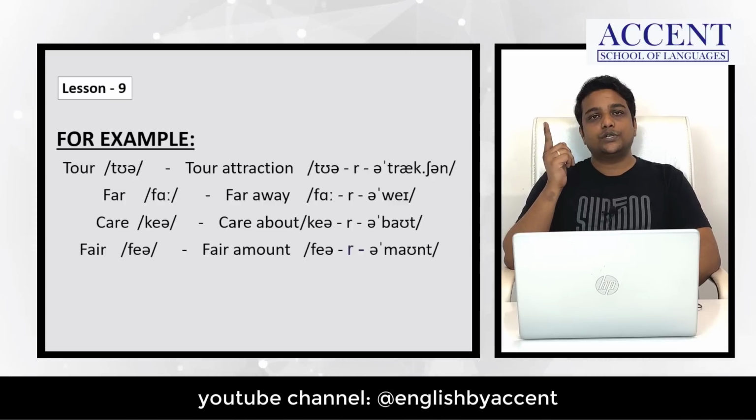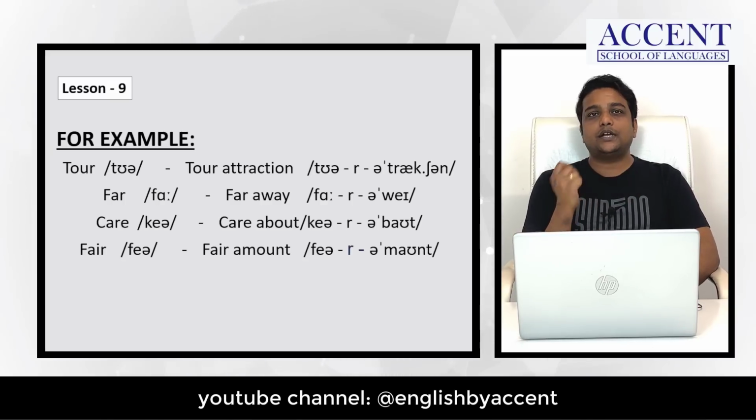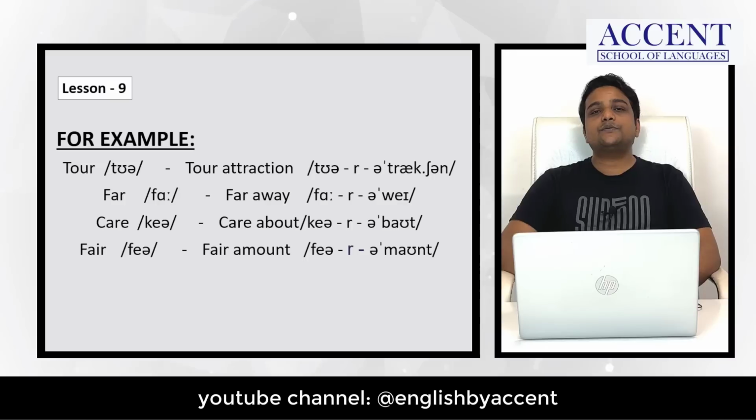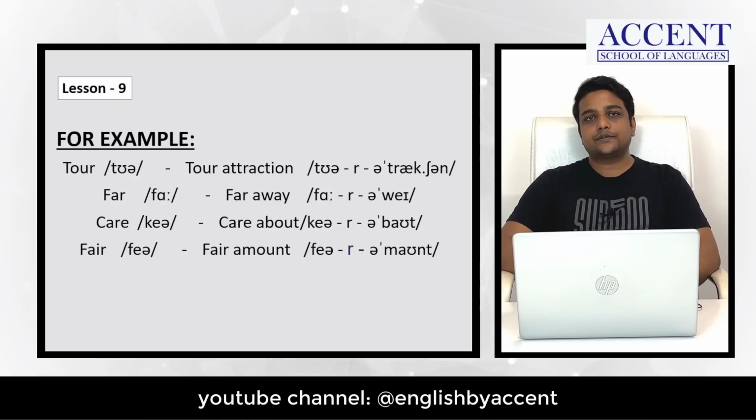So R sound is over there, which is not pronounced in British accent. But after care, if we add any word having the vowel initial sound, we add the R sound over there by saying care about. Very nice. The next one is fair. So fair and amount, again with the vowel sound, so we call it fair amount.